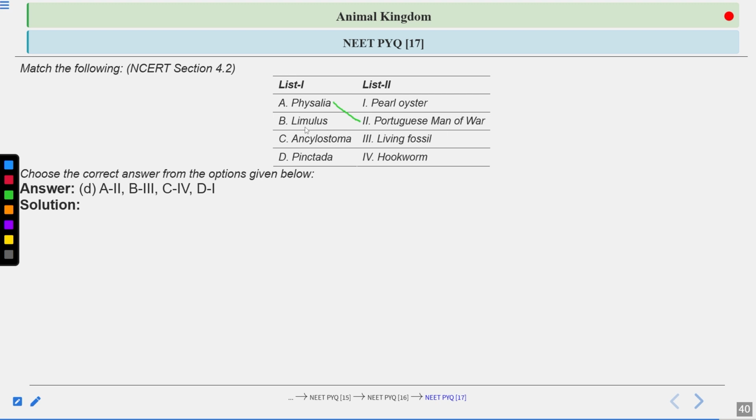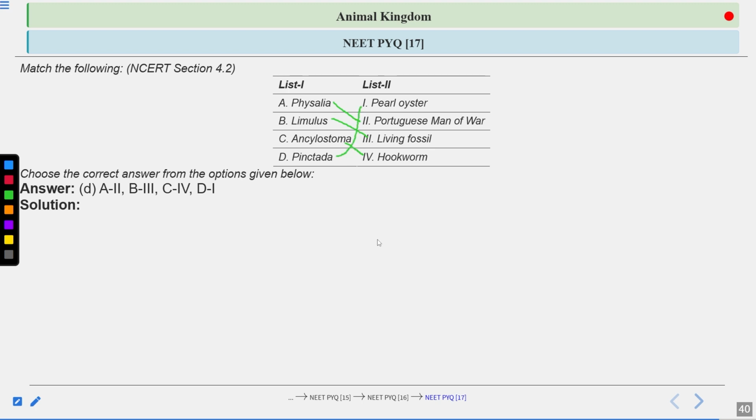And B, Limulus, living fossil. It is a living fossil. C, Ancylostoma, is commonly called hookworm. And D, Pinctada, is commonly known as pearl oyster, right?